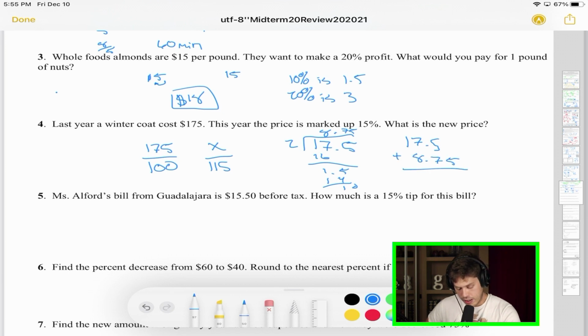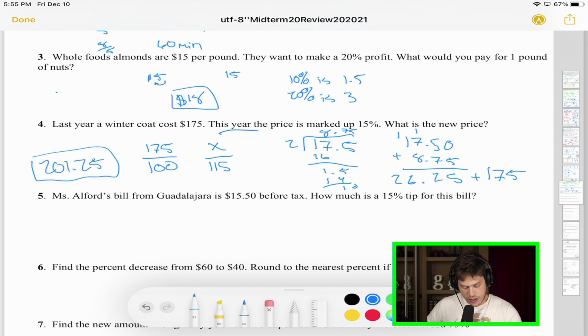And we add those together to get 26.25 as our 15%. And then we need to add 26.25 and our original cost of $175 to get $201.25. And this will be the new cost of the jacket this year.